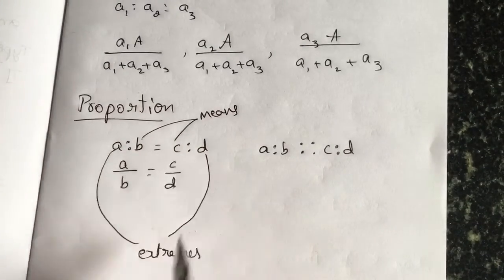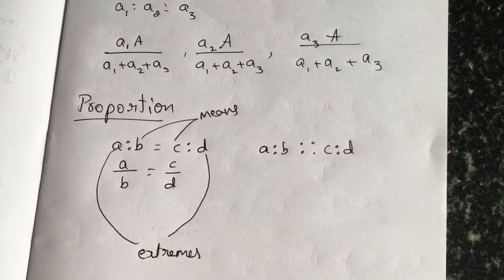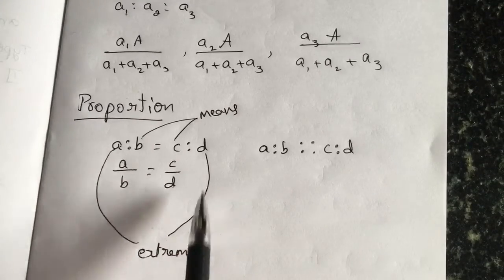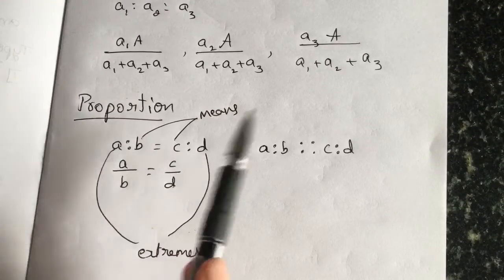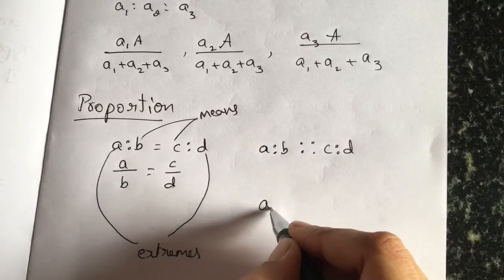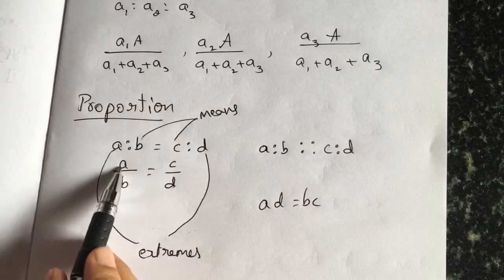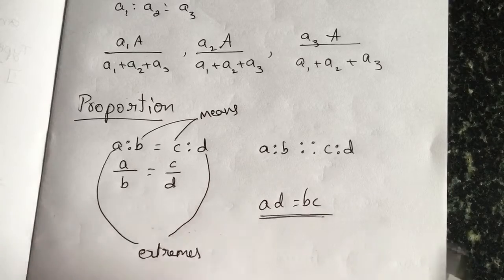First and last, remember. And the product of extremes is equal to the product of means. That's AD equal to BC. You can observe that AD equal to BC.